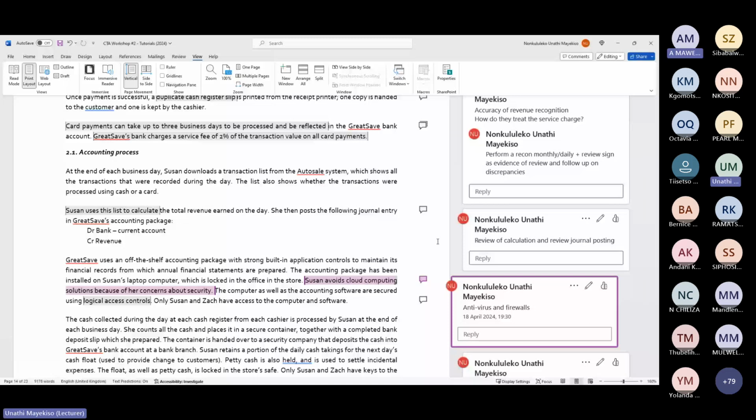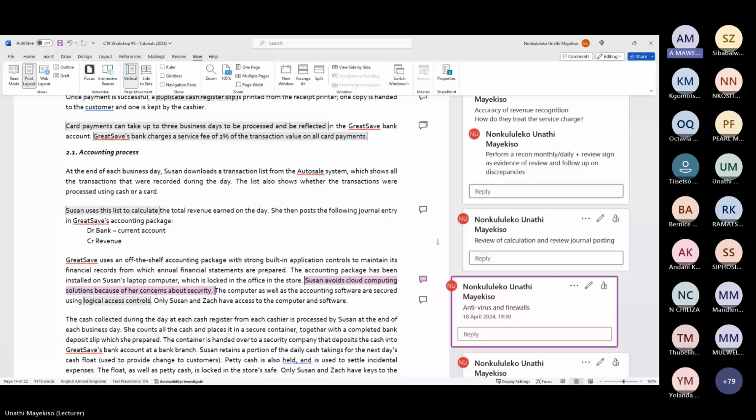So for the fact that they're saying that the computer is protected by logical access controls, and there are two people that can access the computer, it means that there is actually no segregation of duties because there's only one password that can unlock the computer.